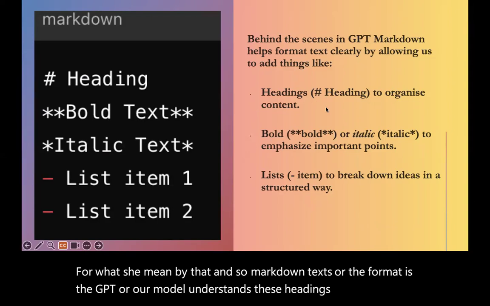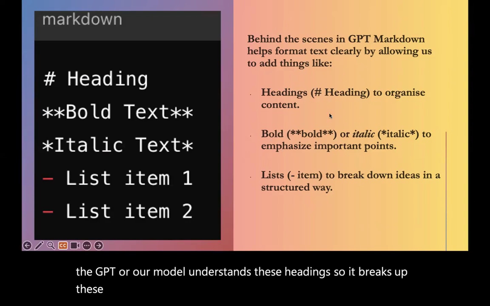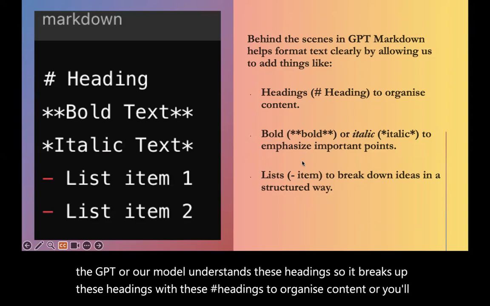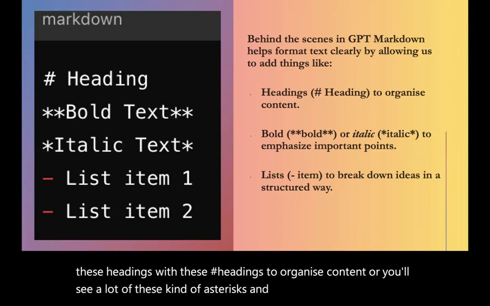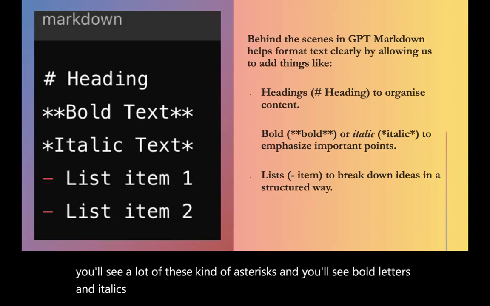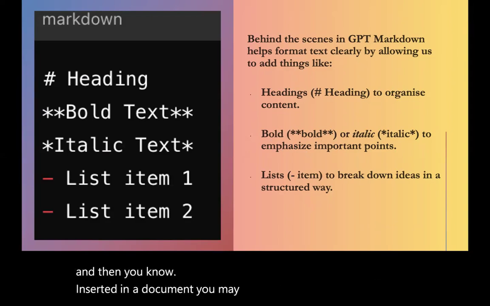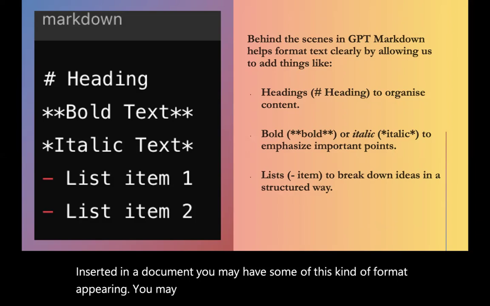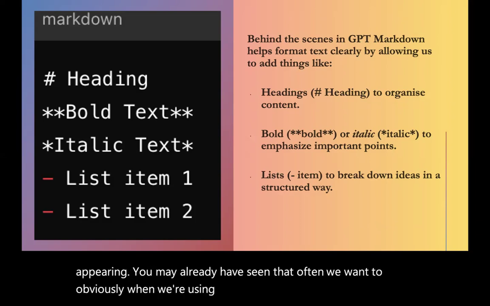So it breaks up content with these hashtag headings to organize it, or you'll see a lot of asterisks, and you'll see bold letters and italics. When you've copied text and inserted it in a document, you may have some of this format appearing. You may already have seen that. Obviously, when we're using it, we often want to tidy that up.